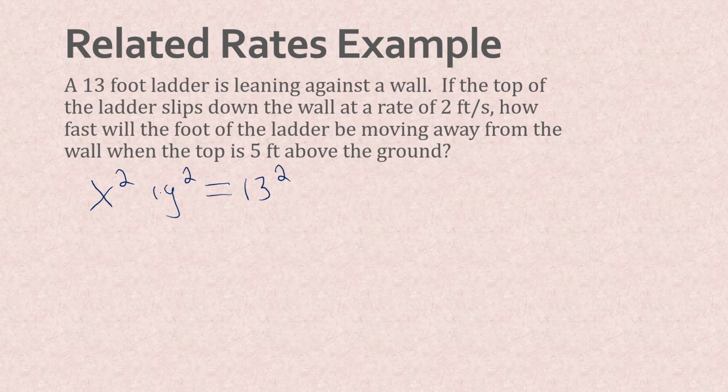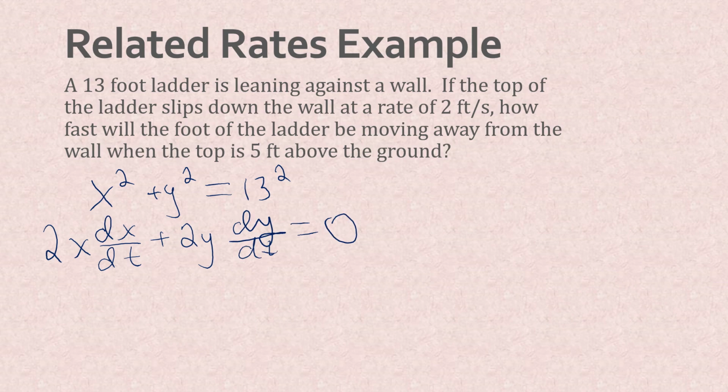If we begin with our equation x squared plus y squared equals 13 squared, and we implicitly differentiate with respect to time, you get 2x dx/dt plus 2y dy/dt is equal to 0, since the derivative of a constant is 0.